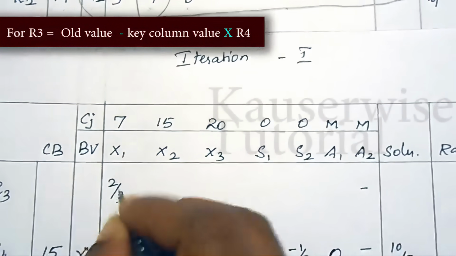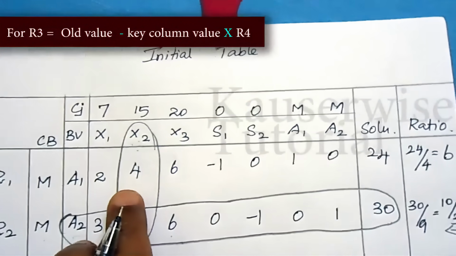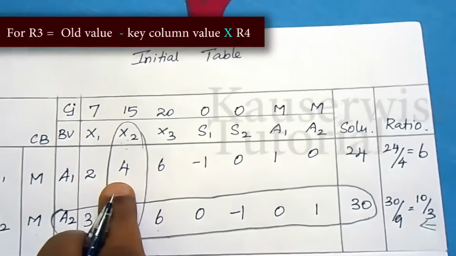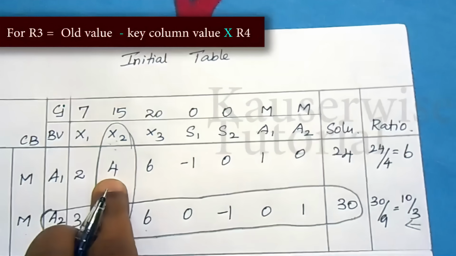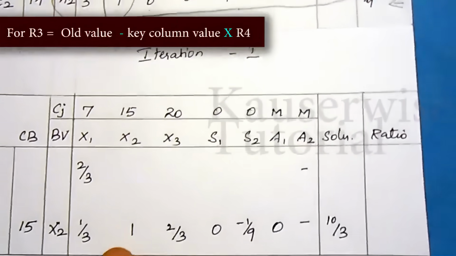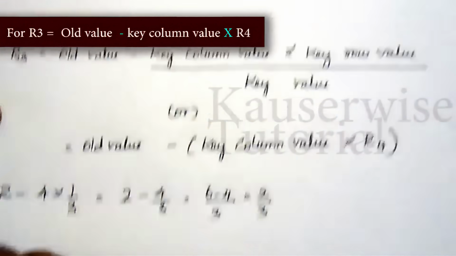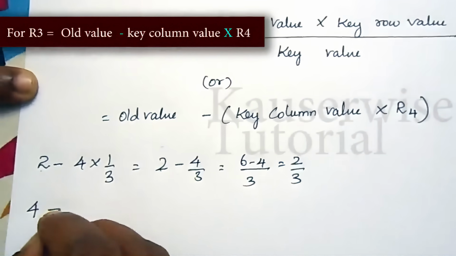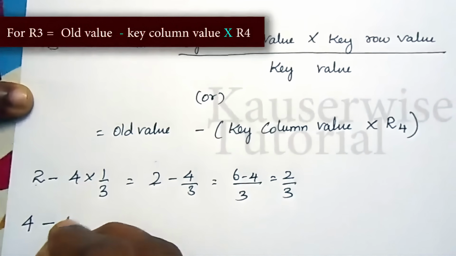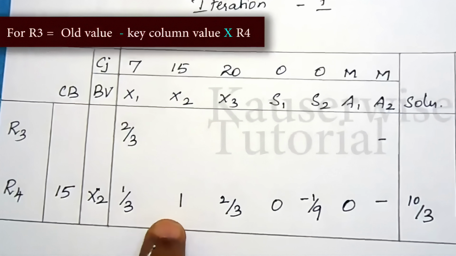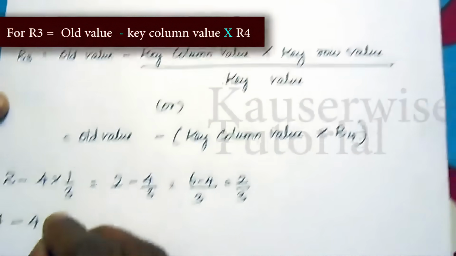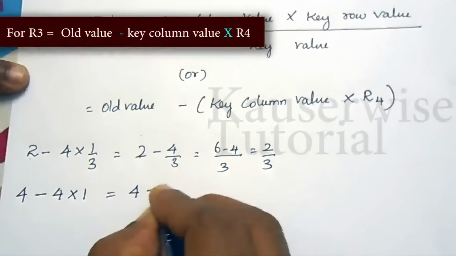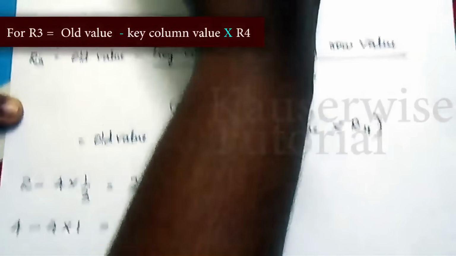In the same way, for the next value, old value is 4, corresponding column value is also 4, and the row 4 value is 1. So the formula is old value 4 minus corresponding column value 4 into R4 value 1. So 4 minus 4 is equal to 0.